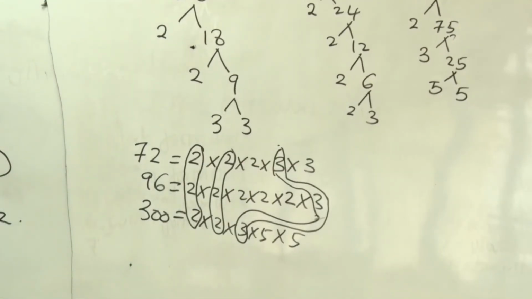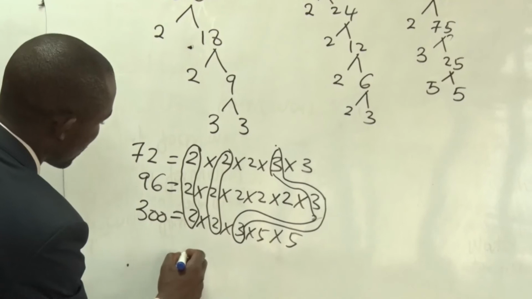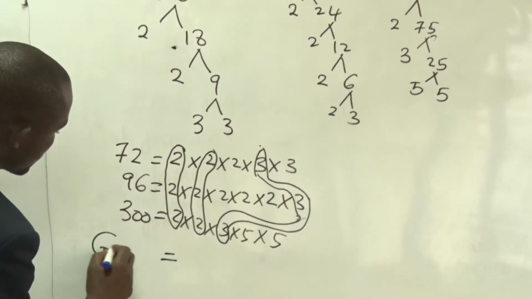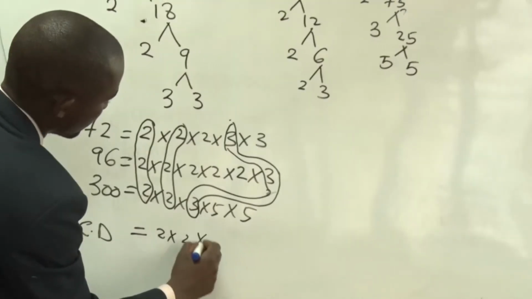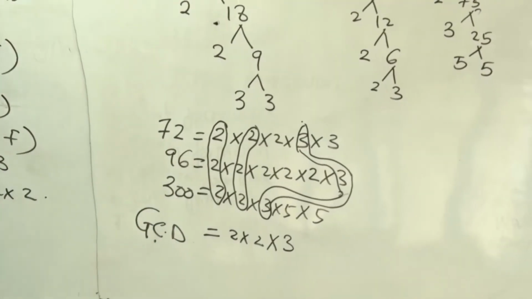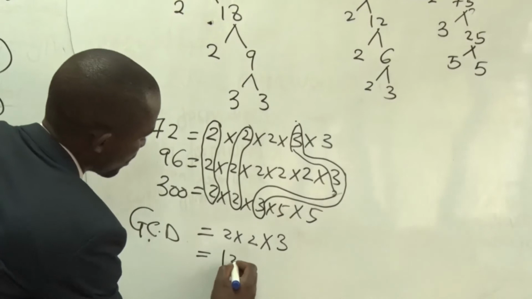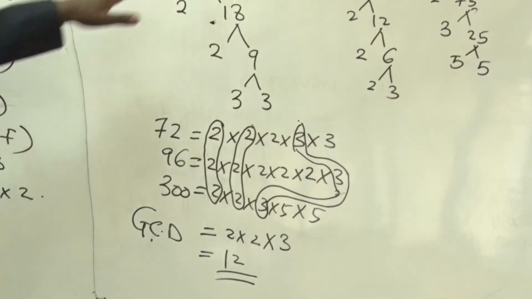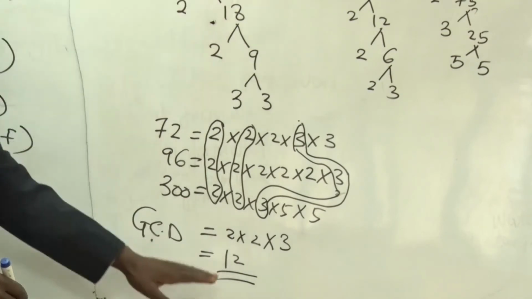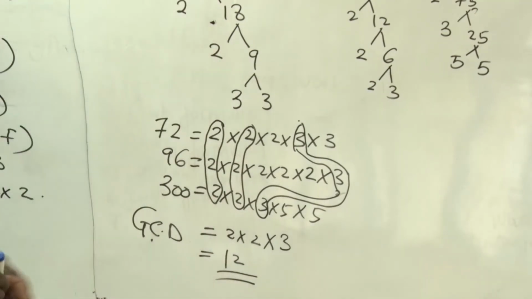That tells you that our GCD will be given by 2 times 2 times 3. So the answer here becomes 12. So the greatest common divisor for these 3 numbers is 12 because we have done all that process.